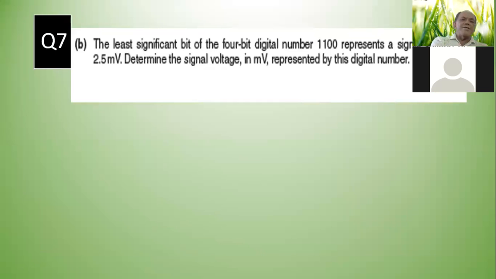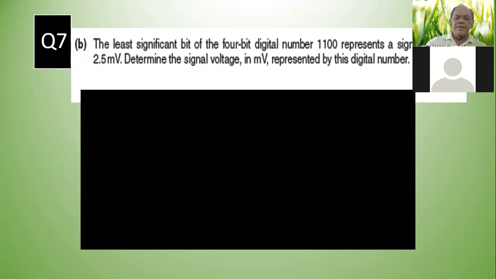The least significant digit of a 4-bit digital number 1100 represents a signal voltage of 2.5. Determine the signal voltage in millivolts representing this digital number. Okay, we can work it out.